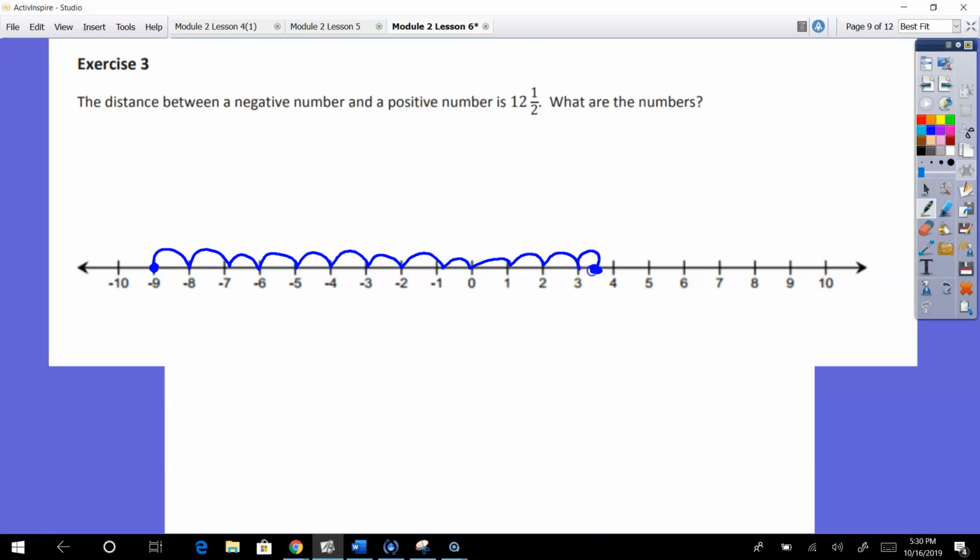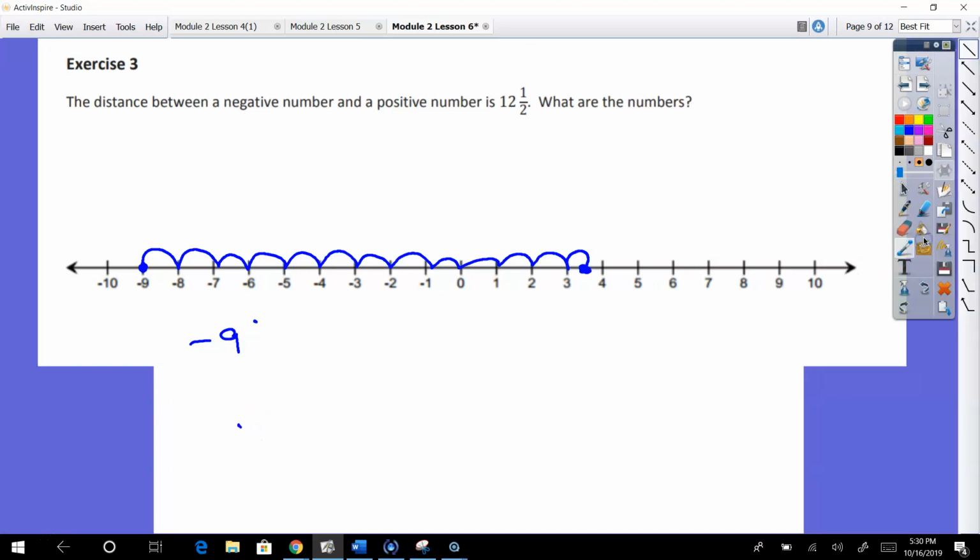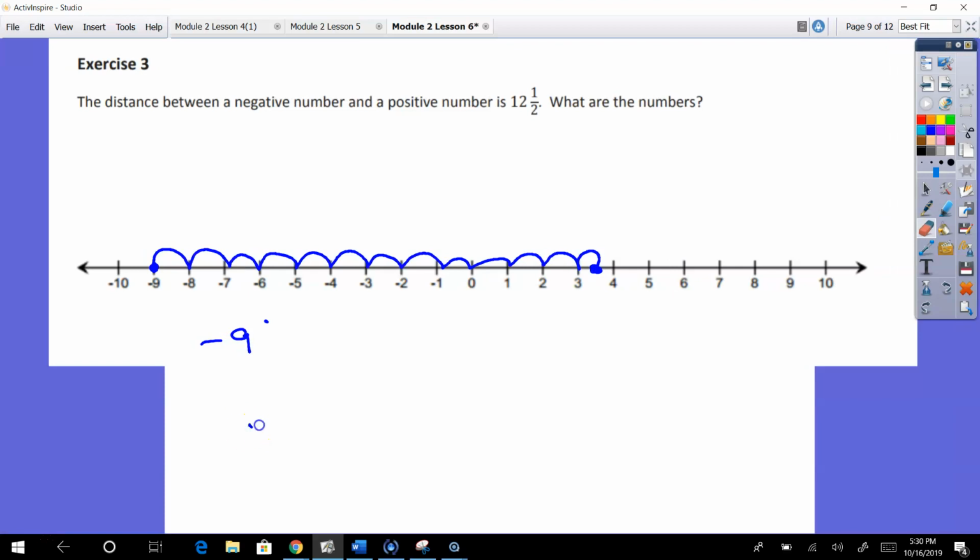So you would have had negative 9 as one point, and then your other point would have been 3.5. So those could have been your two numbers.